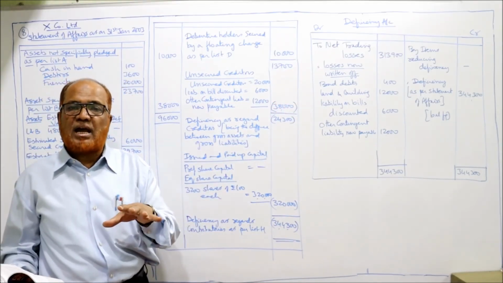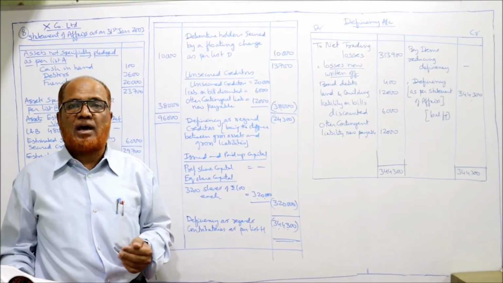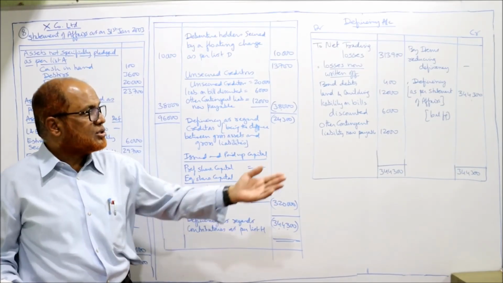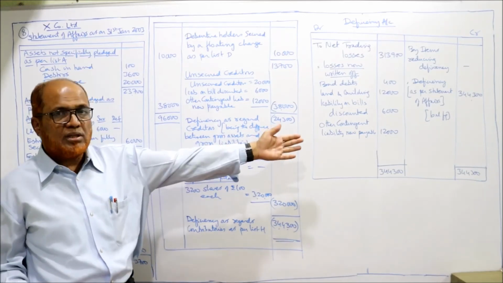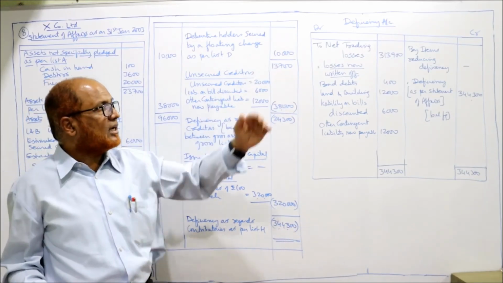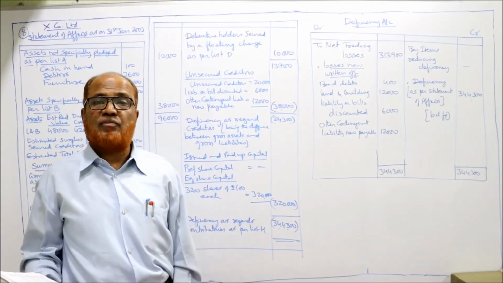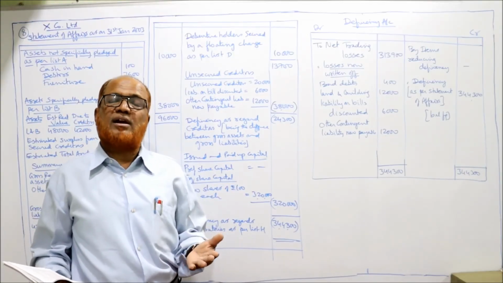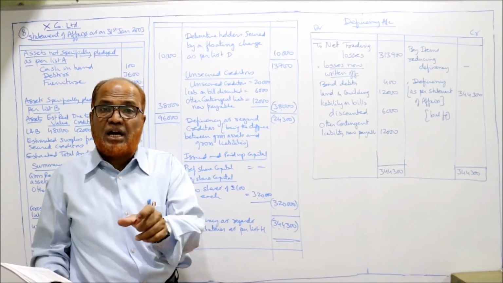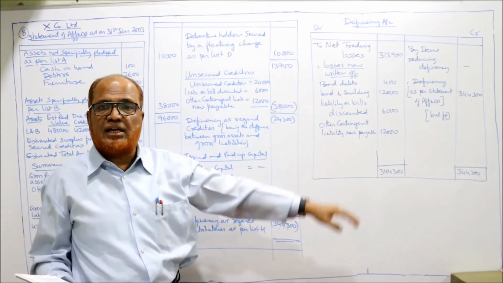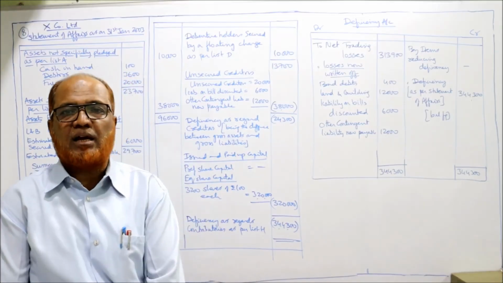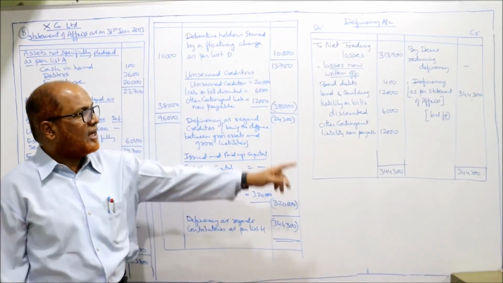Similarly, there was one contingent liability and it has become an actual liability. That is also a loss. So 12,000 rupees is the contingent liability now become payable. These are all the losses. Now credit side, by items reducing deficiency. What are the items that will reduce deficiency? If there is income, that would be taken on the credit side, but we don't have any income which reduces the deficiency.